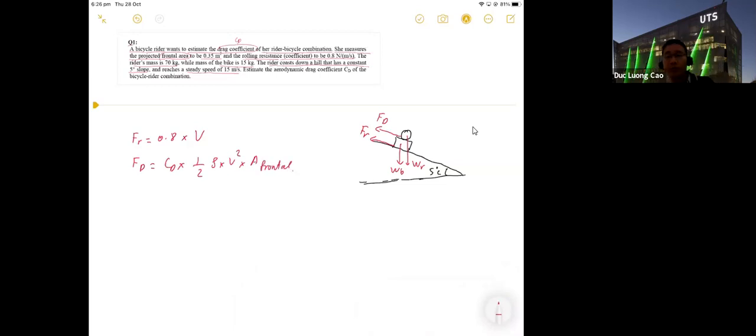In this case, we use frontal area because this one is not a thin body. So applied to the rider and bicycle, we have 4 forces: weight of rider, weight of bicycle, resistance force, and the drag force.